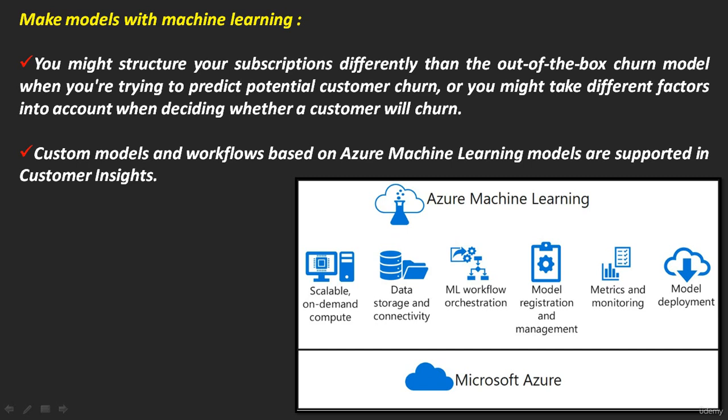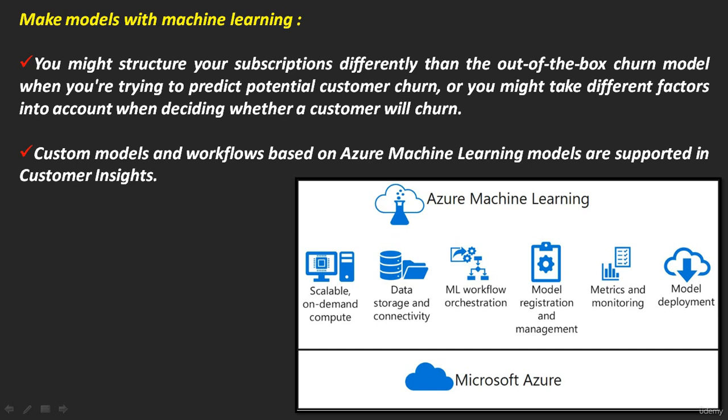The next thing we need to discuss is making models with machine learning. Customer Insights has built-in prediction capabilities that help organizations create predictions. The predefined options might not reflect how your organization makes predictions, because you might want to predict something other than churn.